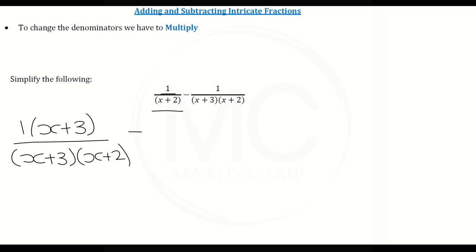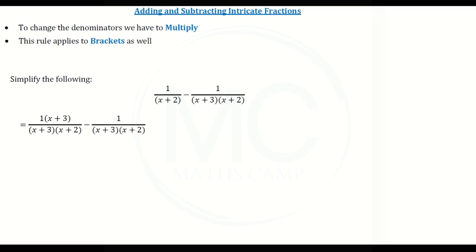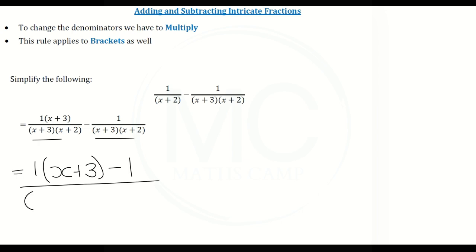Now we can subtract the second fraction of 1 over x plus 3, x plus 2. Now that we have a common denominator, we can add the numerators together, and we're going to have 1 times x plus 3 minus 1 all over a common denominator of x plus 3, x plus 2.